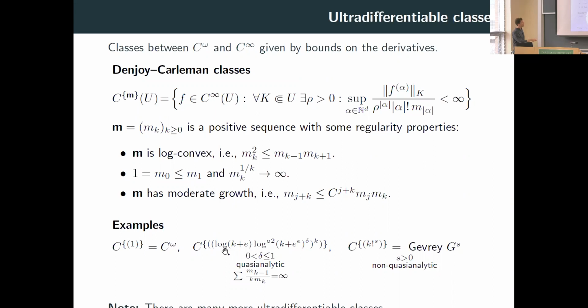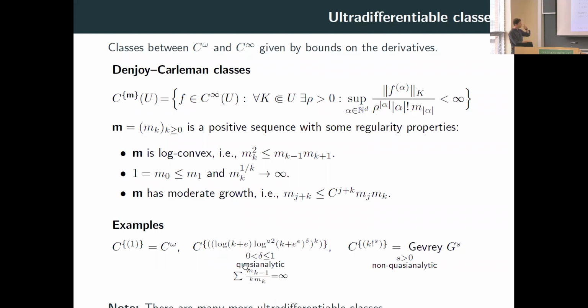So here we have a log of k, then we multiply by log of k. We could go on, we could put also the factor log of k and so on. The last factor gets a power which is between 0 and it might be 1, and we take the kth power of the whole product. Then we get a quasi-analytic class.